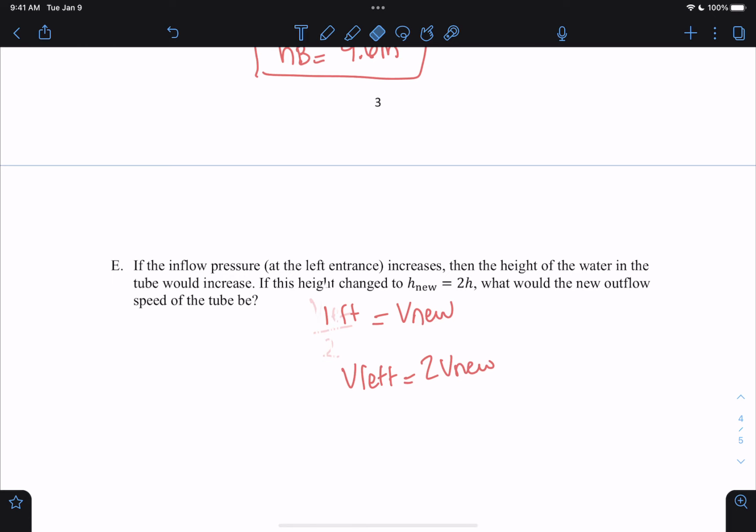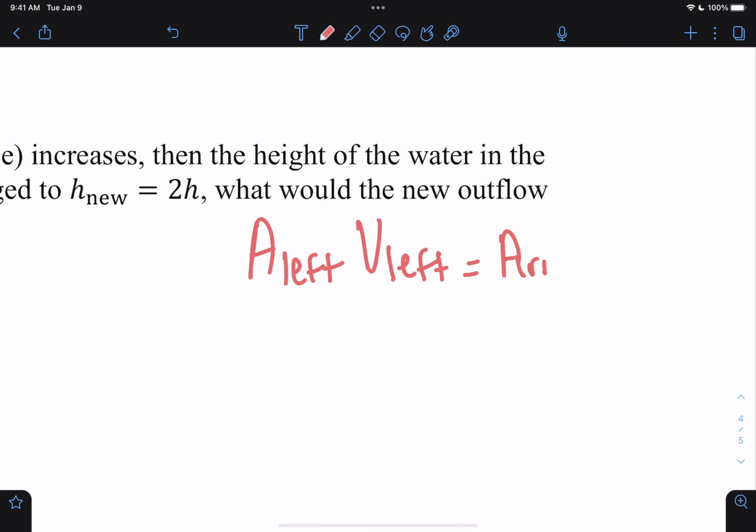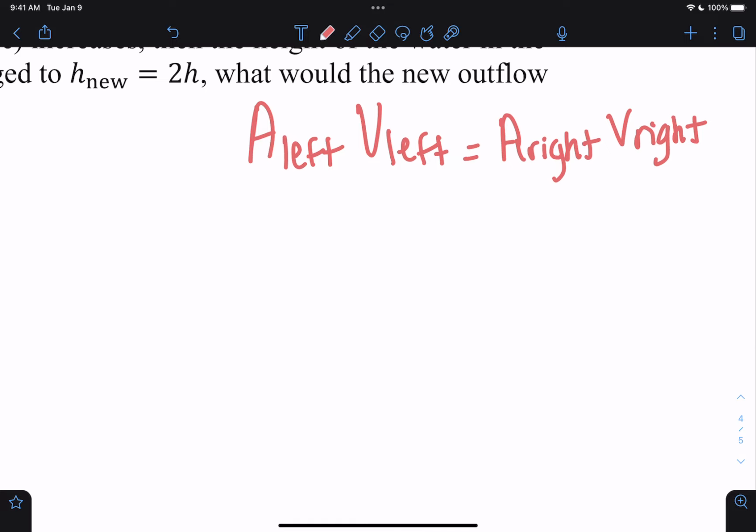And if we were to go back to the continuity equation to write things out so you guys can see it a little bit better, we know that A on the left-hand side times V left is equal to A on the right times V right, right? So this V left is what we're trying to figure out here.